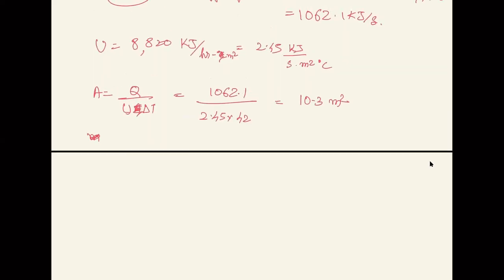Now I know that n pi dl, n is the total number of tubes, pi into diameter of the tube into length of the tube, has to be equal to 10.3 meters square, and using that I will find out the number of tubes, which will come out to be around 40 tubes.